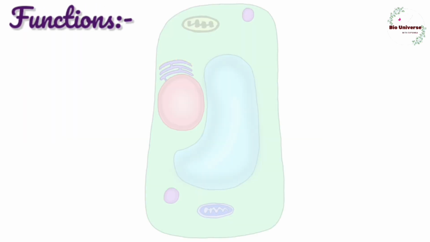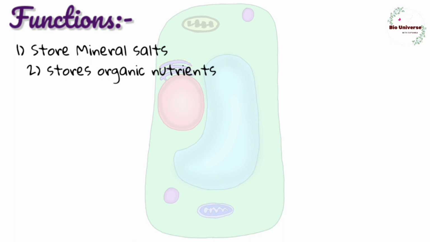Functions of vacuoles. 1. Sap vacuoles store and concentrate mineral salts. 2. Sap vacuoles may store organic nutrients like sugars, inulin, amino acids, esters, etc. 3. Sap causes osmotic uptake of water.